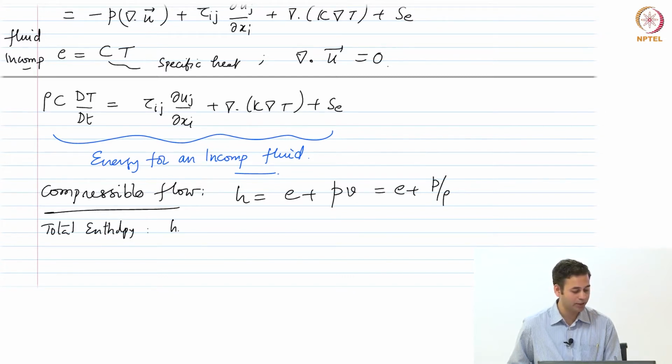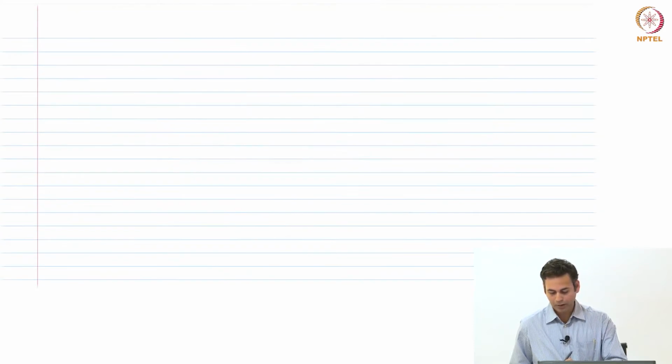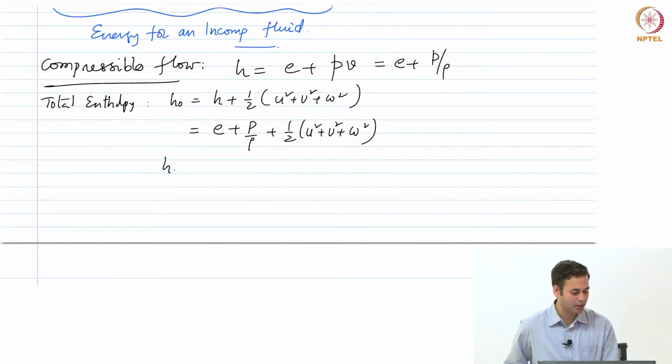That would be H naught equals H plus the kinetic energy, essentially plus half U square plus V square plus W square. So, I can plug in H equals E plus P upon rho plus half U square plus V square plus W square. Now, we can rewrite this expression as H naught equals little e plus half U square plus V square plus W square, that is my capital E, without the gravity terms in there. So, this is capital E plus P upon rho.